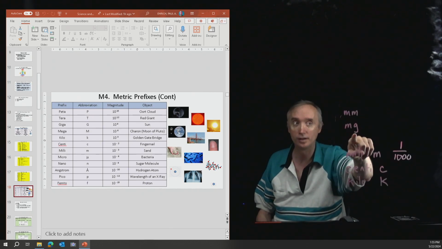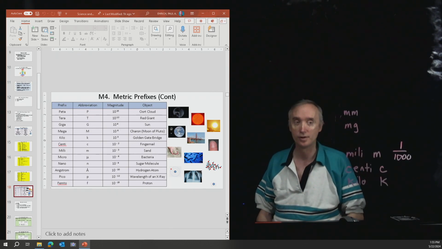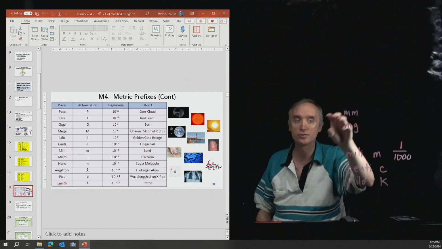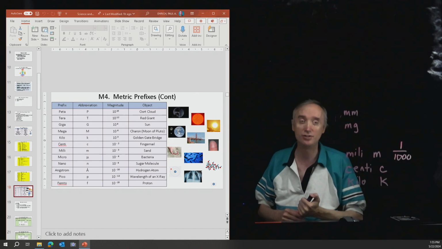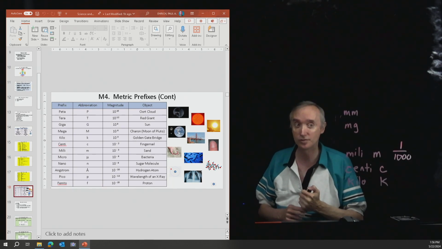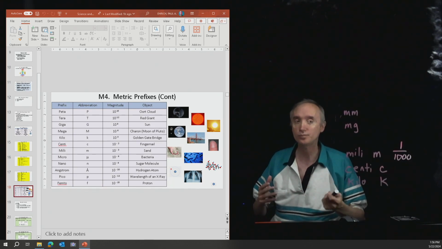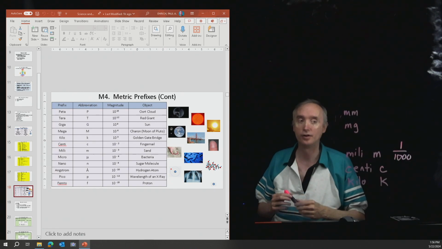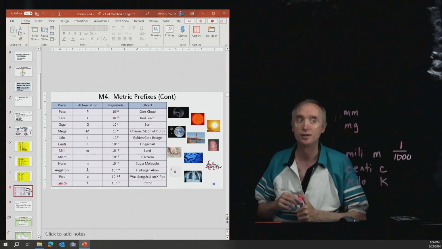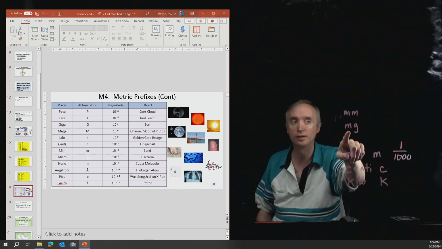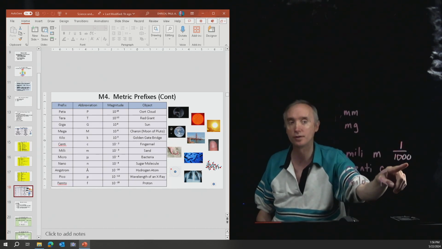Those would be the milligrams. The word milli is also used with other things, like in terms of energy, you could have millijoules, for example. You could also have milliohms if you're talking about electricity and resistance. So the word milli means 1/1000th of something.